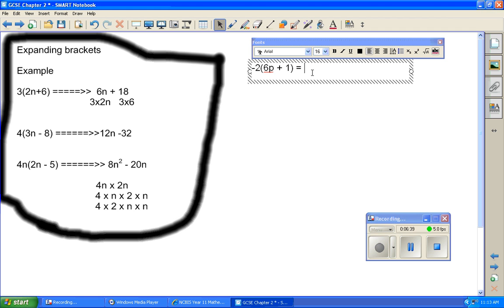You can try this at home, have a quick go, press pause now and come back in a minute. Okay, you're back. Minus 12p minus 2. Notice how we've multiplied 6 and minus 2 together, and minus 2 and plus 1.